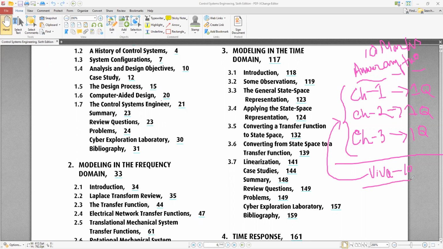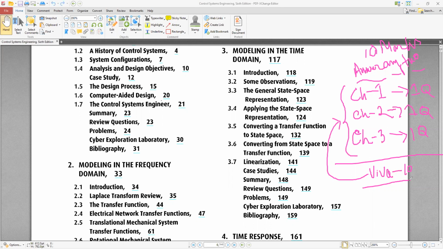So any questions from you guys? I have a question. Yeah, please. Yes, sir. Out of the 5 questions, maximum how many questions will you ask us? Oh, the viva, it depends. Maybe 2, maybe 3. It depends on the situation. But I can do another thing.